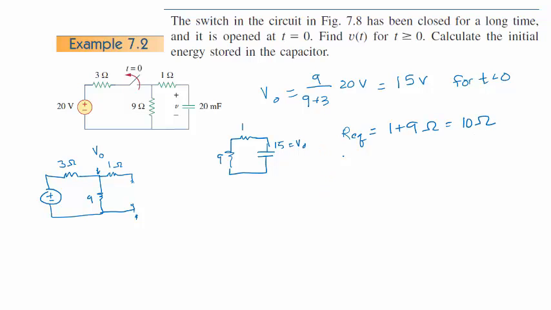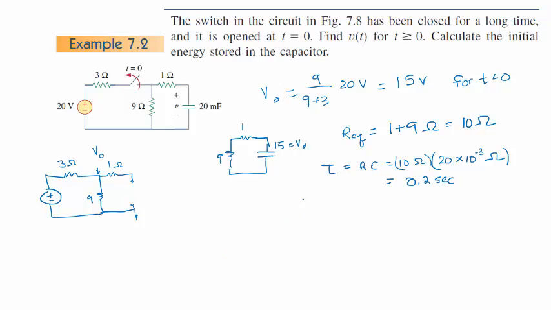The time constant tells us how fast this circuit is going to decay. The time constant, Greek letter tau, equals R times C, and so that equals 10 ohms times, and I better keep my units good here, 20 millifarads, which is 20 times 10 to the minus 3 farads. And I do that math, and that is 0.2 seconds.